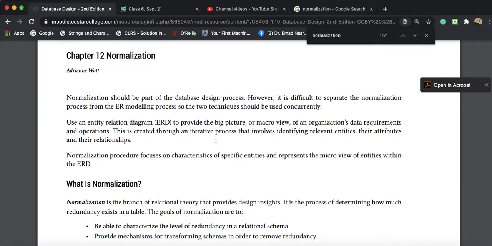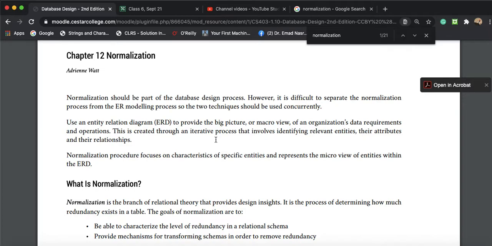We start designing the database with the ERD. After we finish the ERD, we map the ERD, so we create the relational scheme. Now, once we have the relational scheme, we must normalize it.